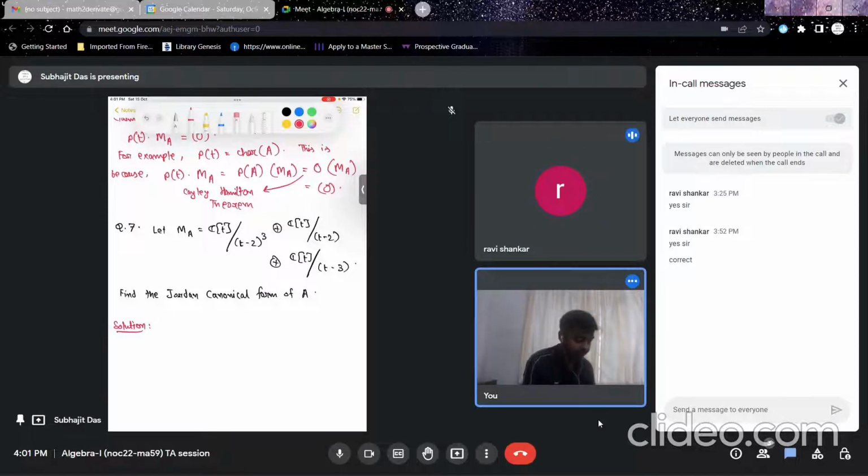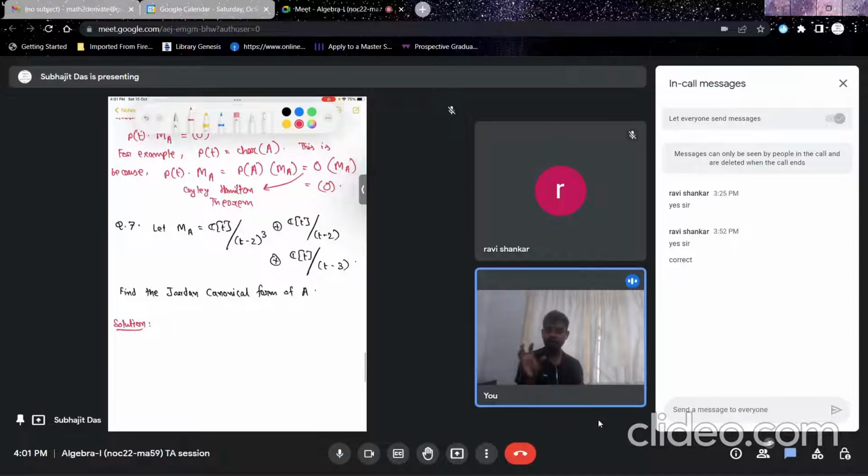So anyways, let M_A be C[t] modulo (t minus 2) whole cube direct sum C[t] modulo (t minus 2) direct sum C[t] modulo (t minus 3). We are asked to find the Jordan canonical form of it. Now the module M_A, we have already expressed it using the structure theorem for finitely generated modules over a PID. The PID here is C[t]. And not only so, we have expressed it in the primary decomposition form, right? That is, we have written it explicitly in terms of all the primes that there are.